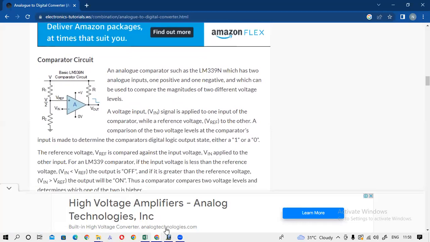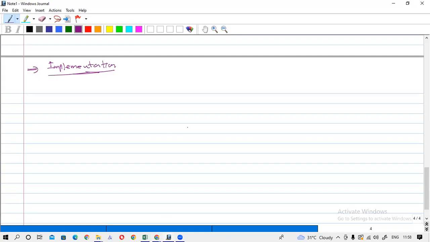So what we are doing here is, if we have this kind of operational amplifier, we have to connect it with the inputs like this. So this is plus and this is minus. Let's say that we are giving some voltage value here, V plus, and a voltage value V in here.